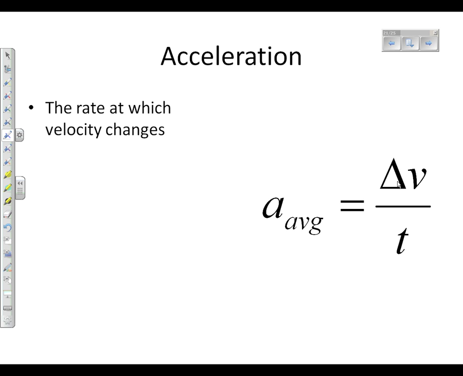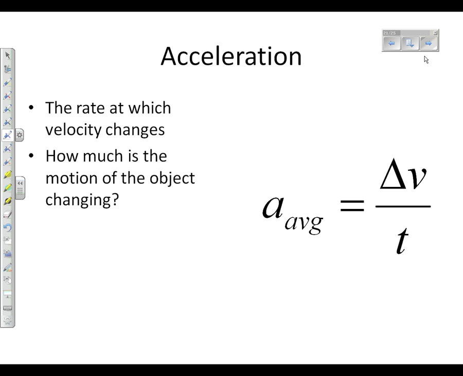What did we say the delta meant? The delta means change, right? So delta V on the top of this fraction is representing change in velocity. The fact that it's a rate, right? We talked about last week that if we define something as a rate, what does that mean? Some time, or it's over time. And there it is, okay? So the change in velocity over time. Okay? Good there?